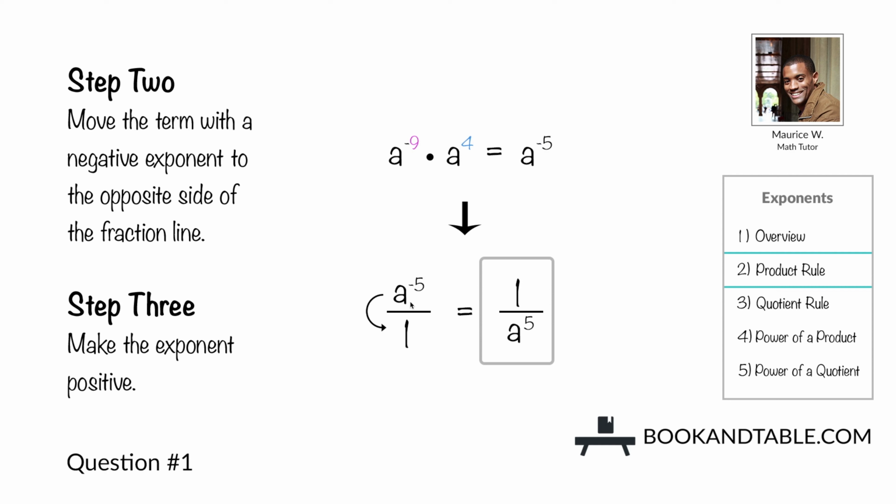So step 2, move the term with the negative exponent to the opposite side of the fraction line, and then make the exponent positive, step 3. So the final answer becomes 1 over a to the 5th. Add the exponents, negative exponent, so you move that to the opposite side.